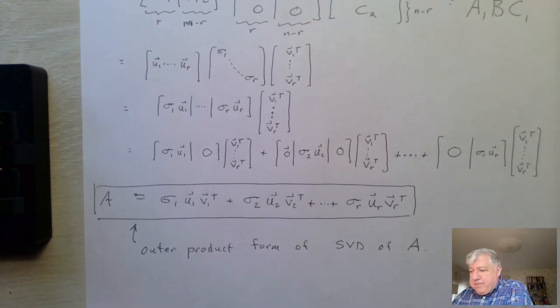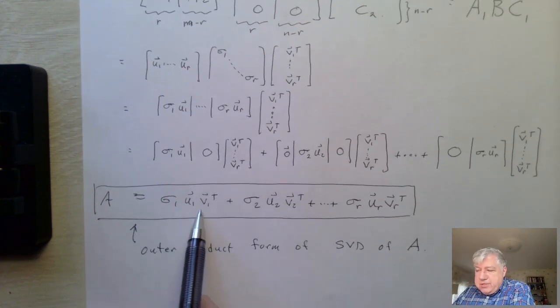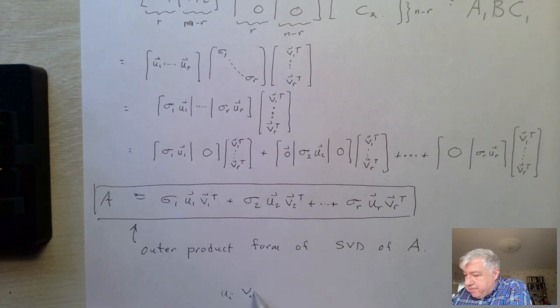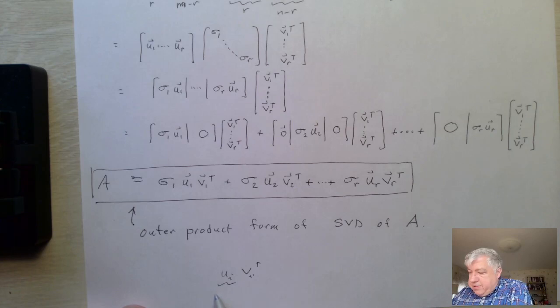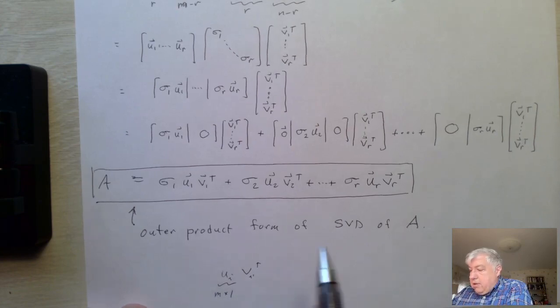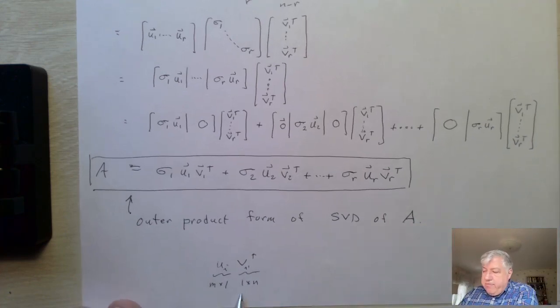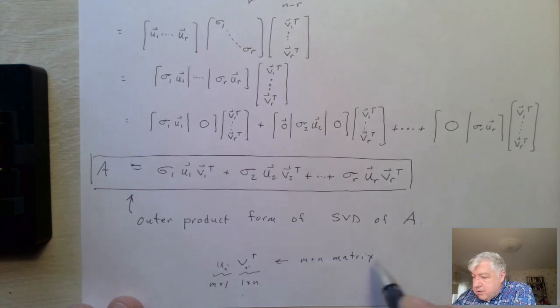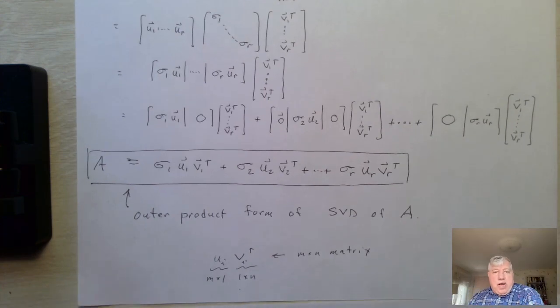Just keep in mind that these are in fact matrices. Remember, in u_i v_i transpose, u_i is a column vector, m by 1, and v_i transpose is a row vector, 1 by n. So this in fact is an m by n matrix. Okay, so it does work out.